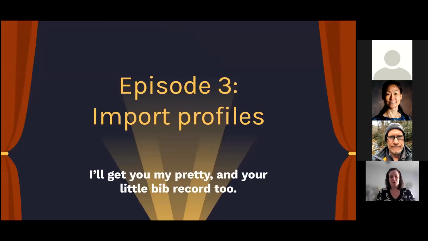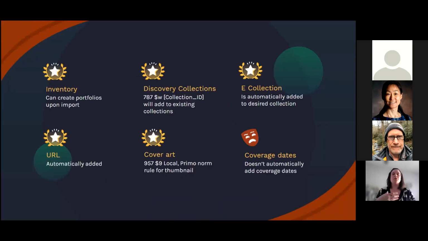So now we get to import profiles. This is probably the keystone of the whole process because it streamlined so much of our workflow that we had to update, because originally we were manually creating each individual portfolio. So our import profile does 5 things for us.